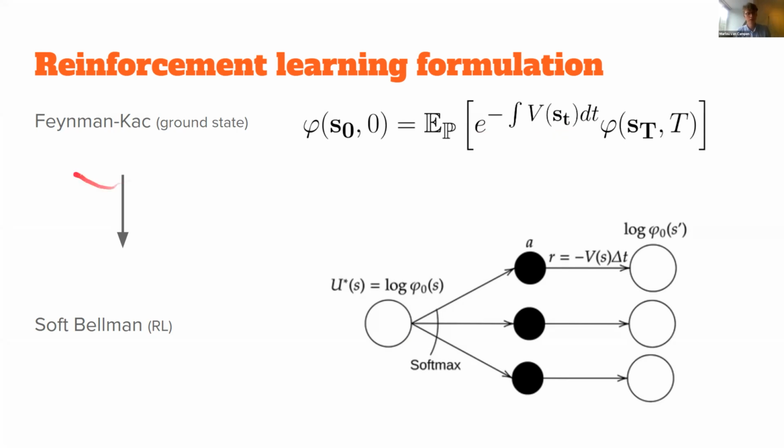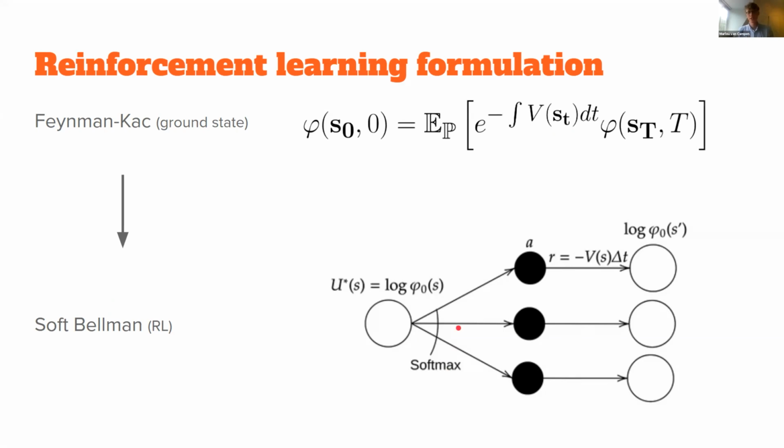What we show in the paper is that you can translate this to a soft Bellman equation, the equation governing reinforcement learning. The potential energy directly translates into the rewards of your reinforcement learning problem, whereas the kinetic energy translates into an entropy regularization. So this is maximum entropy reinforcement learning, where instead of the usual maximum, the soft Bellman equation has a soft maximum.